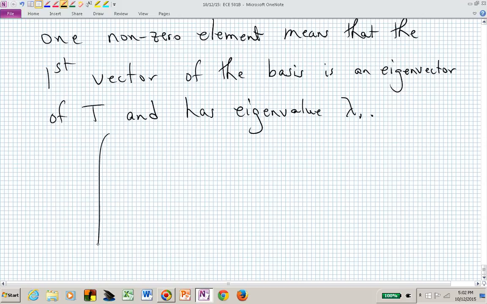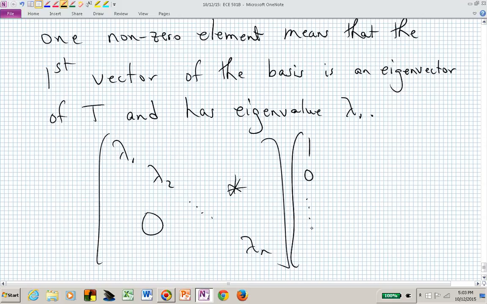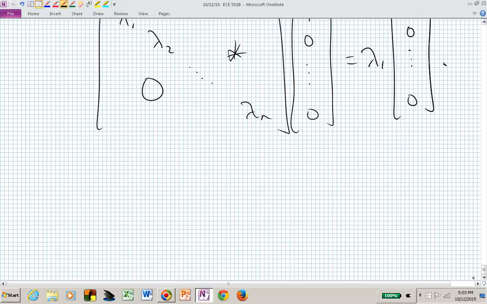So that now we have lambda 1, lambda 2, or just demonstrating this, star, 0, 1, 0, that TV is equal to now lambda 1 times 1, 0, up to 0.